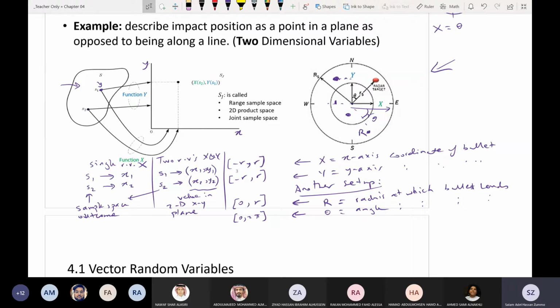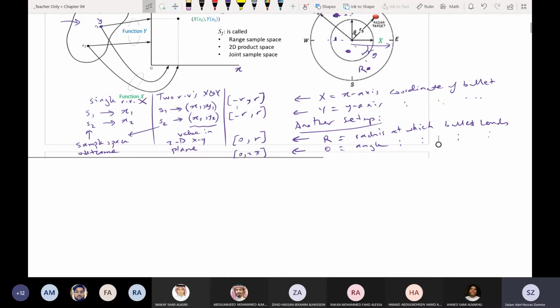You need to mention the humidity factor. So you can say that the temperature is 30 and the humidity is 90%. Or the temperature is 20 and the humidity is 50%. So in this case, you need two random variables to describe the weather, not only a single random variable. This is an example. Of course, weather usually has many random variables that control it, not only one of them. However, just for simplicity.